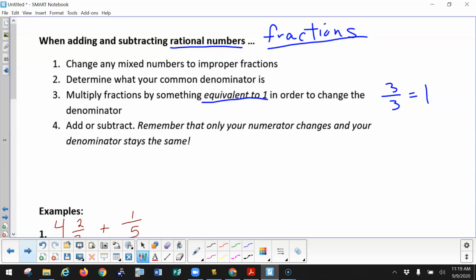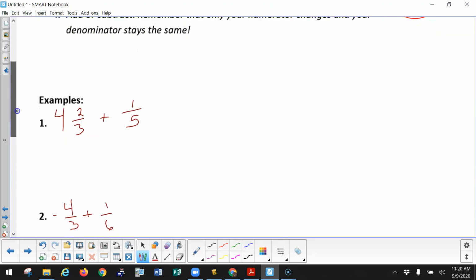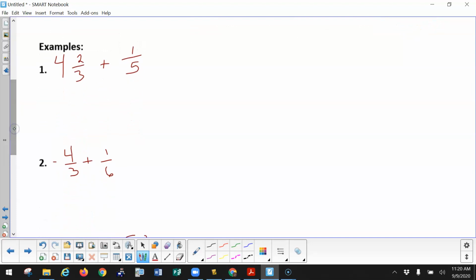So when I say equivalent to 1, that means you have to use the same number over itself, because anything over itself just equals 1. This will help us change the form without changing the value of any of the numbers, because you multiply by 1, it doesn't really affect anything. And then finally, you're just going to add or subtract your numerators. So remember, your denominators are going to stay the same. The numerators are what changes.